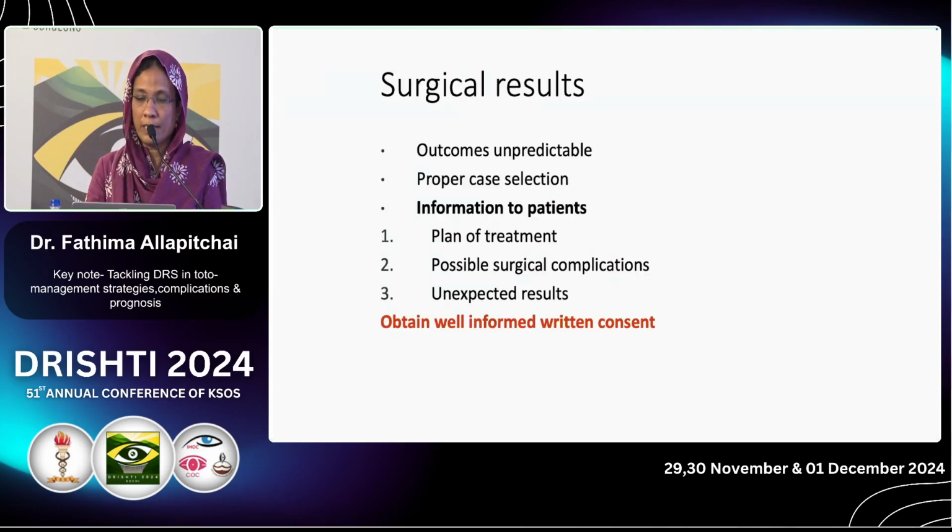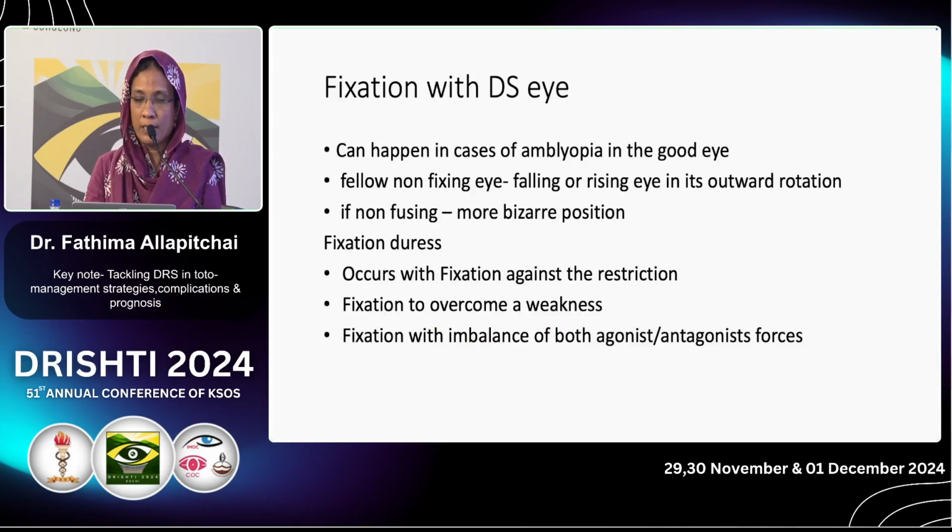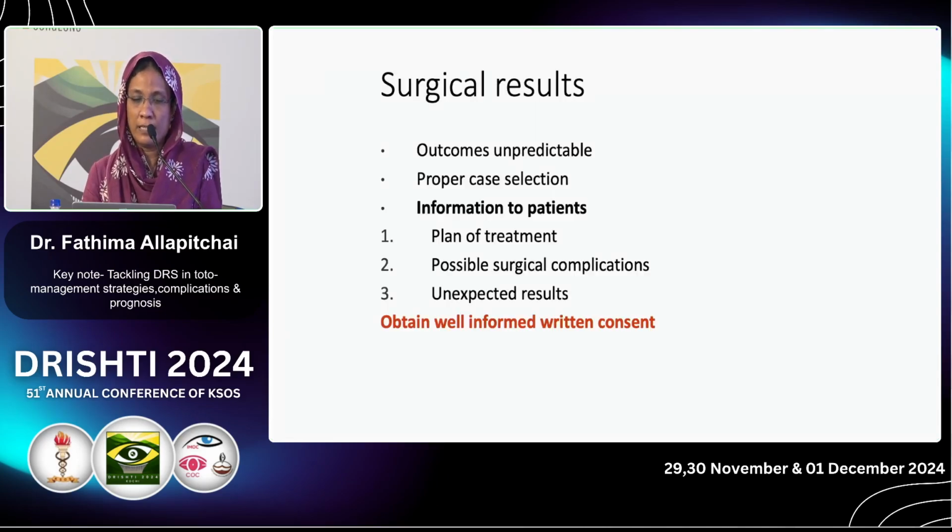But the Duane's eye is the good eye, fixing against restriction. Here maybe we can try improving the amblyopia in the good eye and improve the fixation, then go for any intervention, or we have to remove the lateral rectus power, like a lateral rectus deactivation procedure, and then decide.